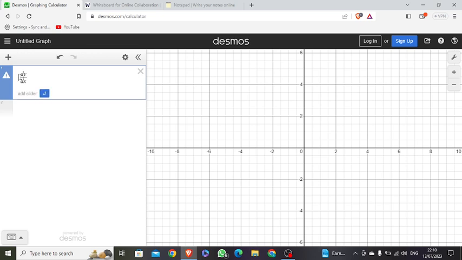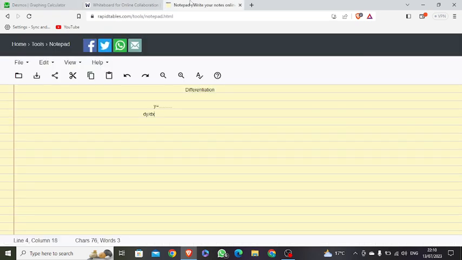Let me show you that in Desmos. And as for f of x, you can do f prime of x. After getting the notation out of the way, I can show you the basics.